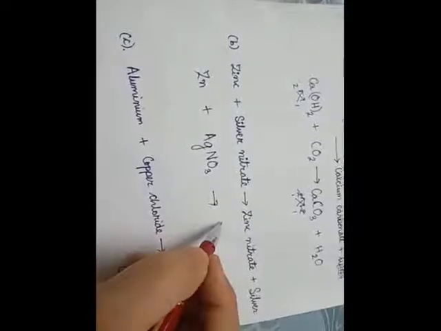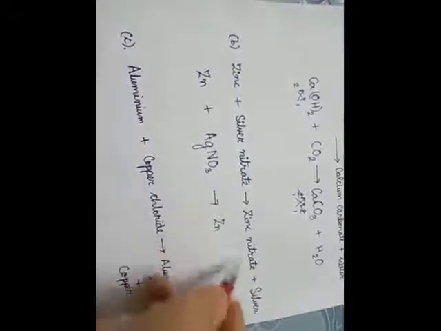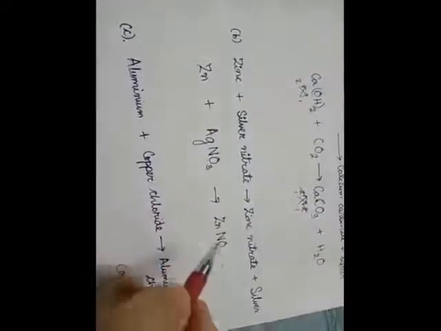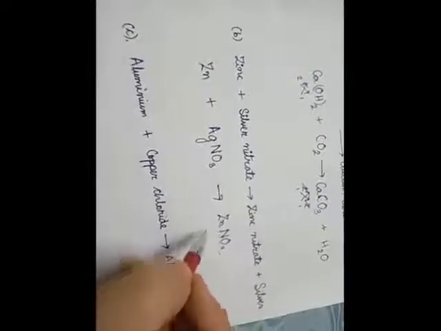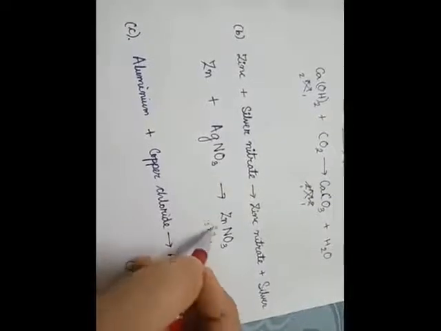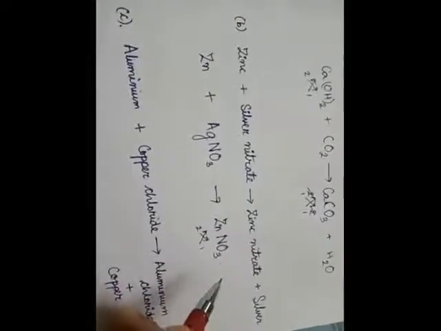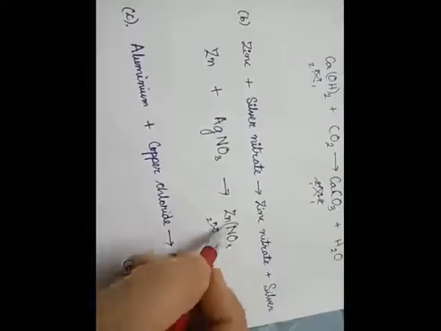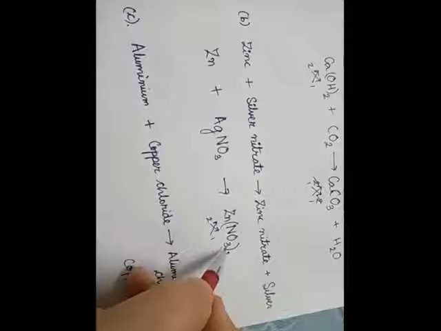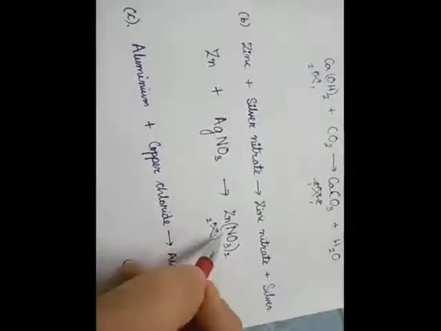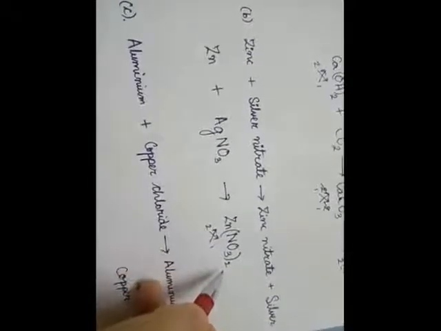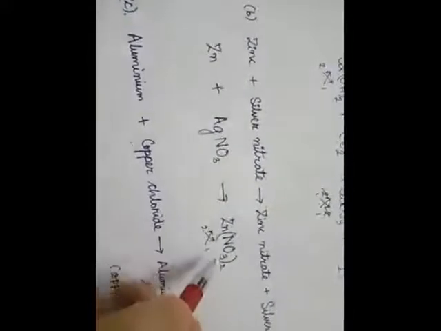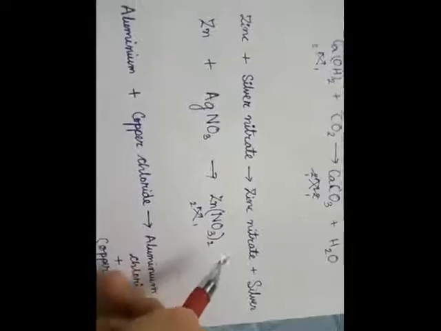For zinc nitrate, the symbol of zinc is Zn, and for nitrate it is NO3. The valency of zinc is 2 and nitrate is 1. So the formula of zinc nitrate will not be ZnNO3, but Zn(NO3)2. The 2 will come over this whole nitrate group, and the 1 will go to zinc.